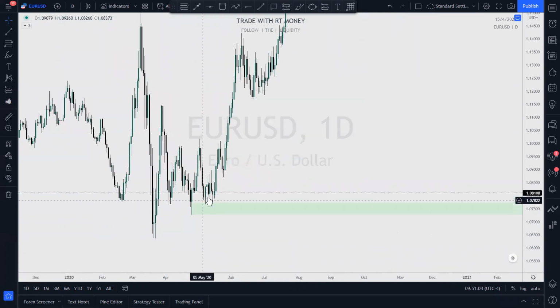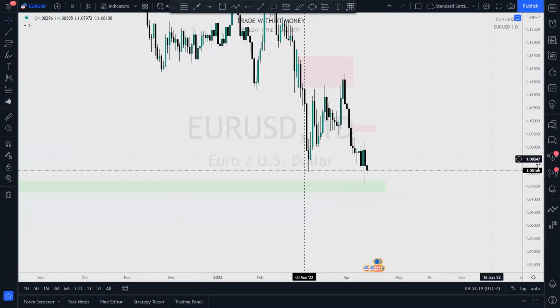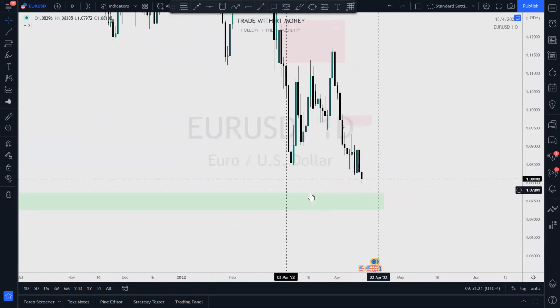So we understand this is a valid zone. We can see how price reacted once it got to this level, went up and took out all these structural highs. That's how we know it's a strong zone to consider.